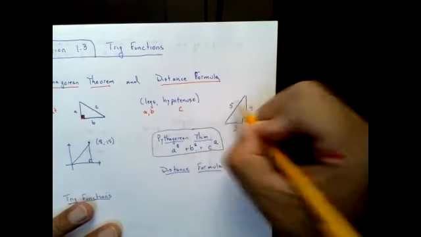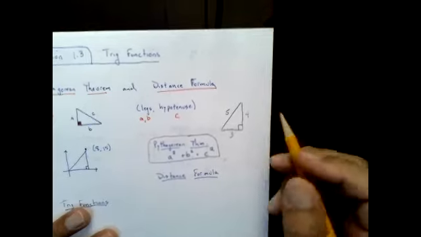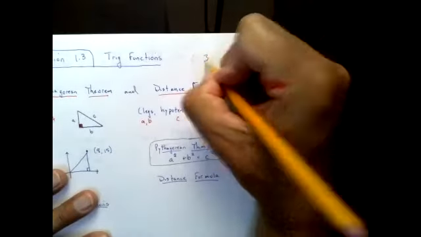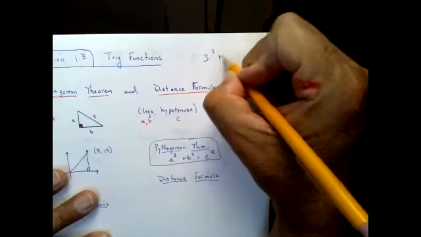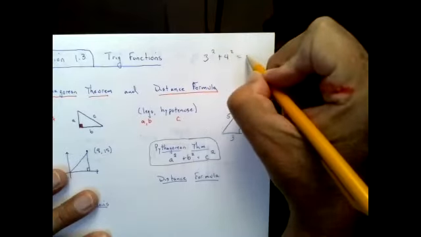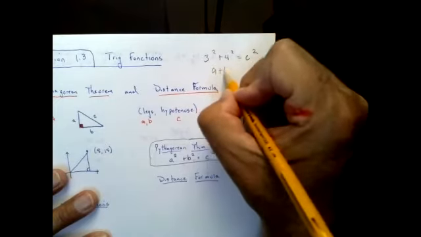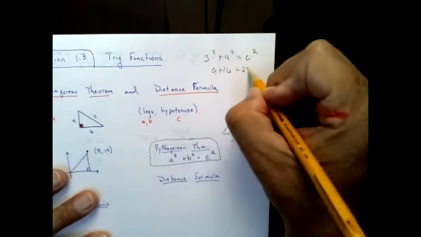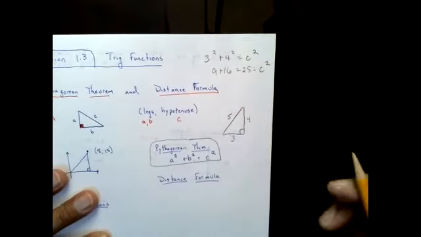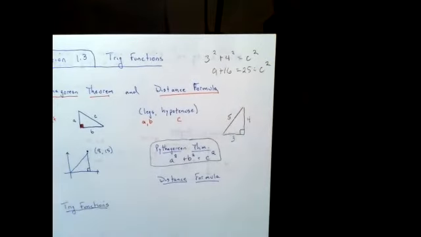This is 5. If you check it out, leg 1 squared plus leg 2 squared equals the hypotenuse squared. 9 and 16, that equals 25. That equals C squared, so C must be 5.